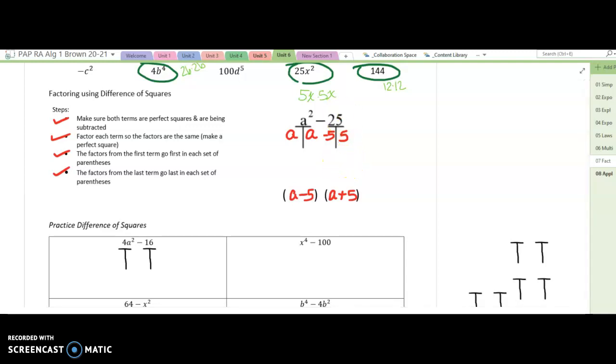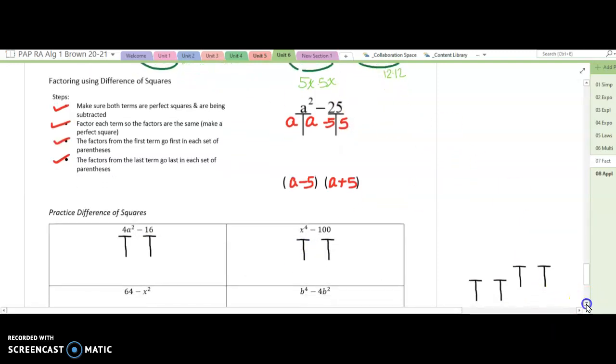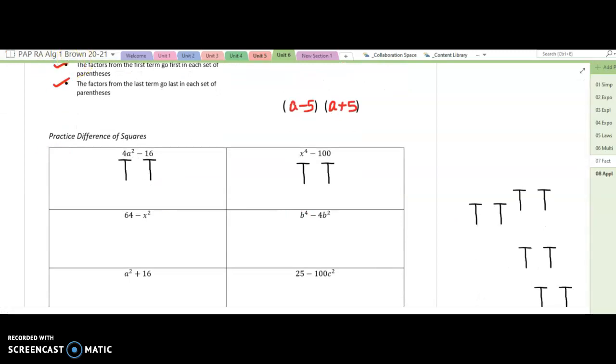So let's do some of these real quick. I'm just going to grab this right here and move it over here. Let's do a couple of these. I have these ready so it saves some time, y'all. So we have 4a squared minus 16. 2a times 2a would give me 4a squared.